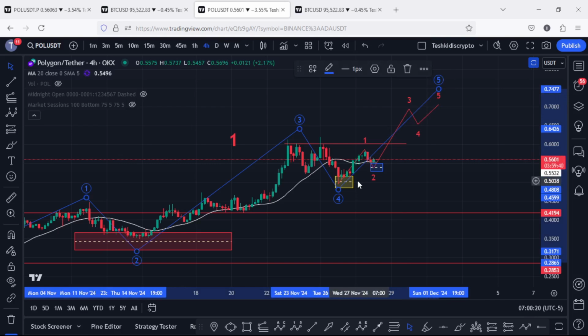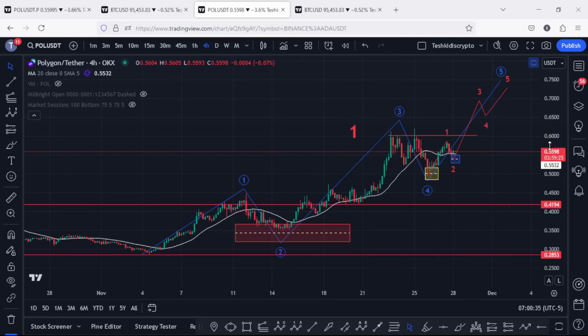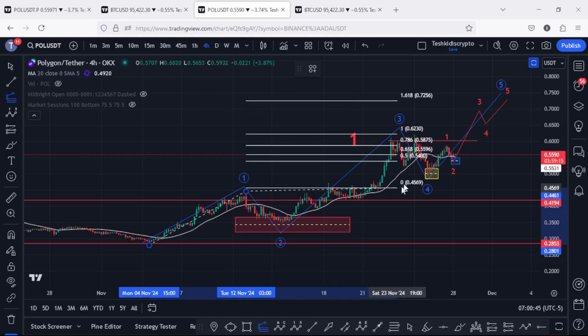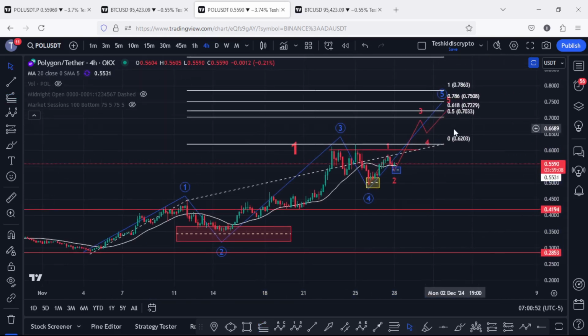Because of the impulsive nature of that wave 5, I have also been expecting to see a 5-wave structure playing out within that wave 5, and the minimum target areas for that larger additive count 5 can be given by connecting the trend-based Fibonacci from the low of the first wave to the high of the wave 1, then dragging the fibs to the high of the second wave, giving me a minimum target area for that additive count 5 at the fib level 0.618, and that is above the 0.7229.